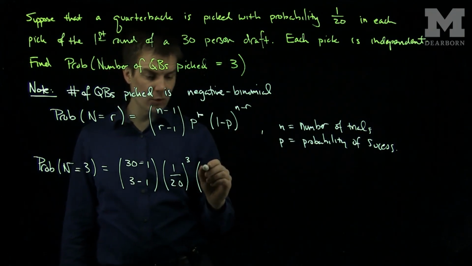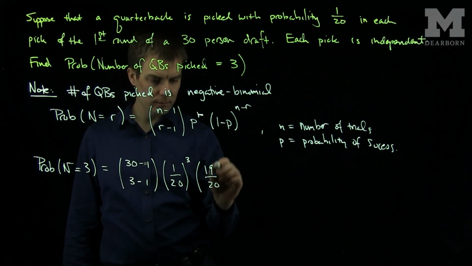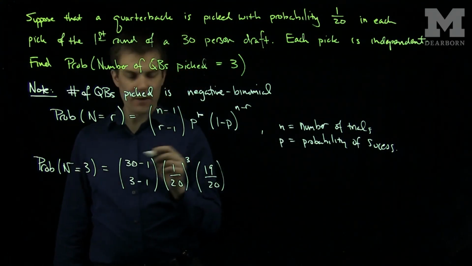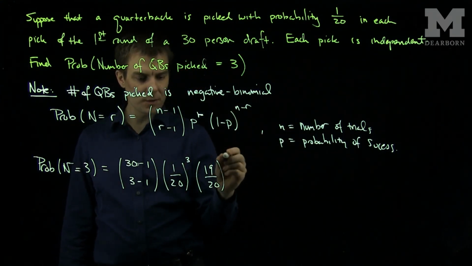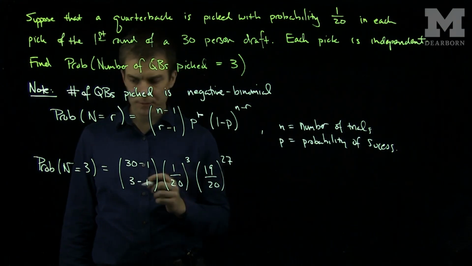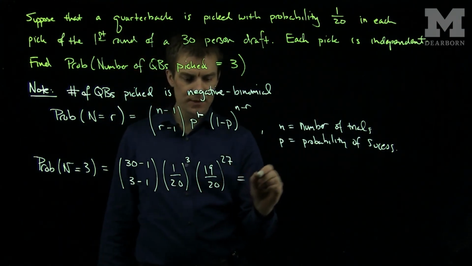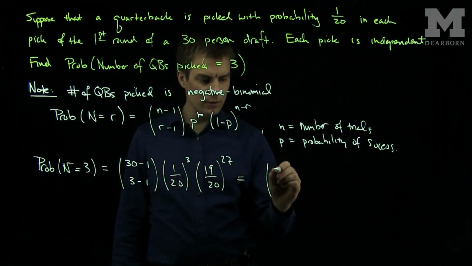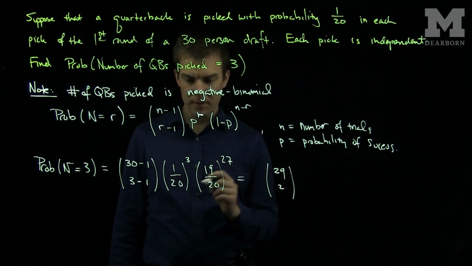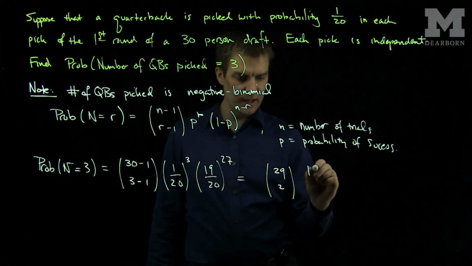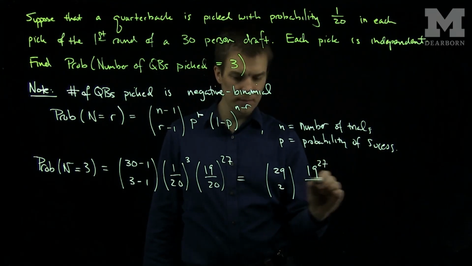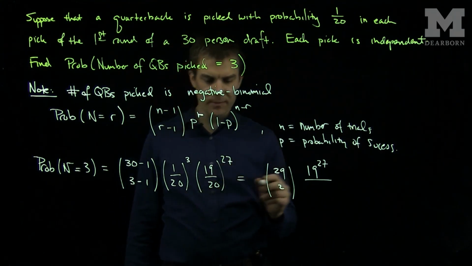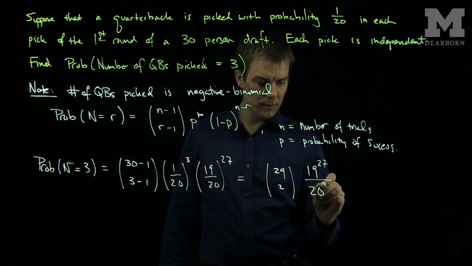And then 1 minus 1/20 is 19/20 to the n minus r. So I have n equals 30 and r equals 3, so I'll have a 27 over here. If we simplify this, it will just simplify to 29 choose 2. On top I'll have 19 to the 27th power. On the bottom I'll have 20 to the 3rd power times 20 to the 27th power, so that'll be 20 to the 30th power.